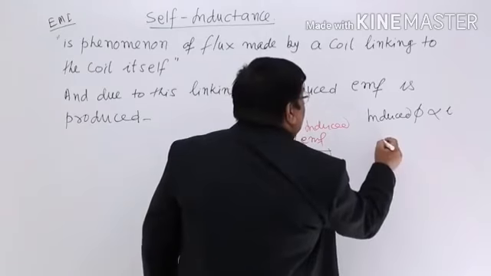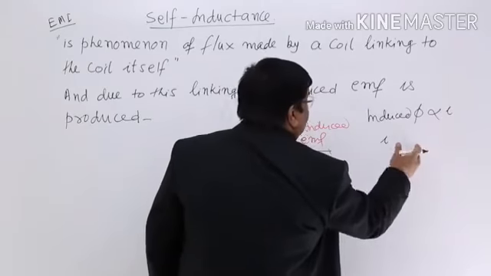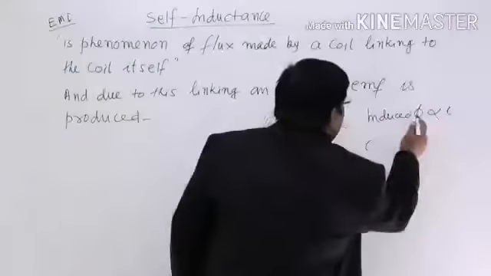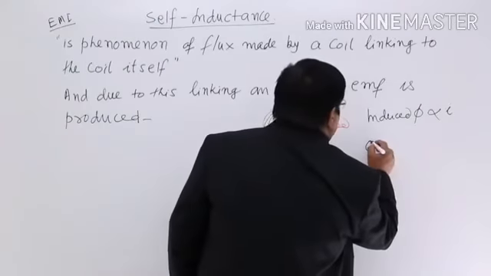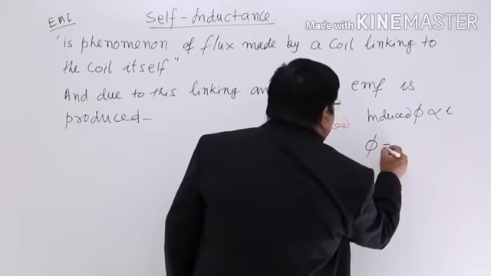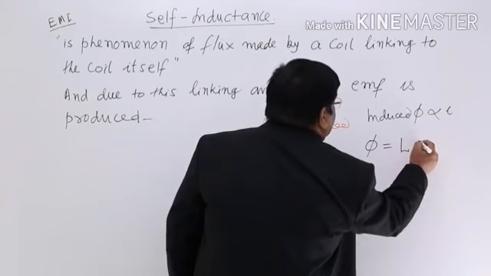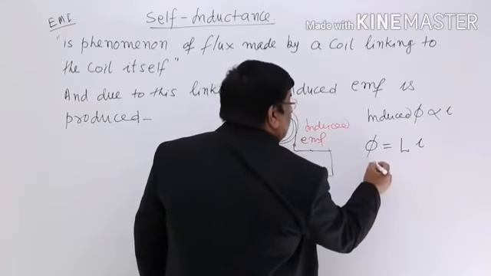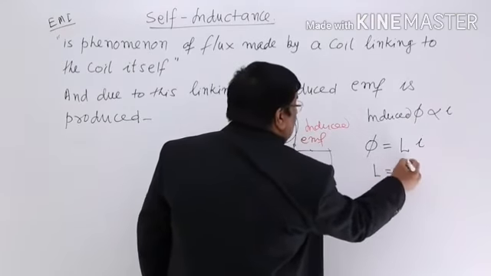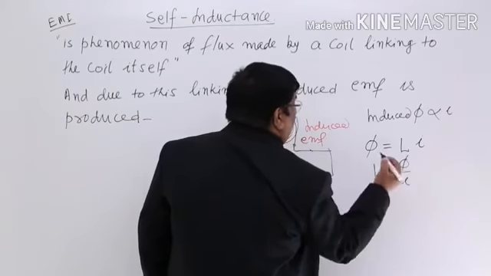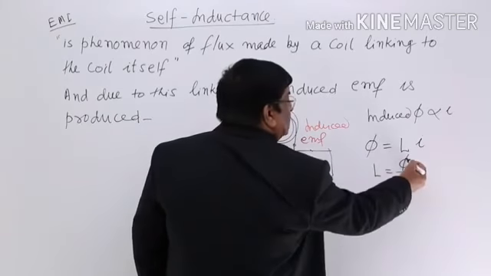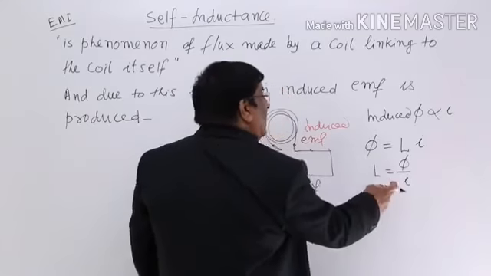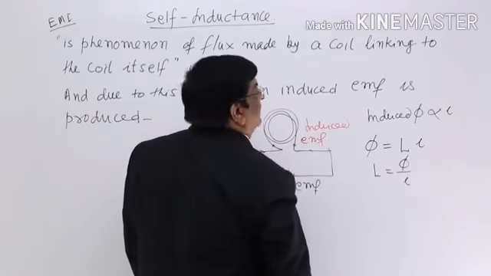And if you make it equal, then flux is equal to a constant into I. And this constant L is equal to flux upon I. This is the flux linking with the coil, I is the current flowing in the coil.